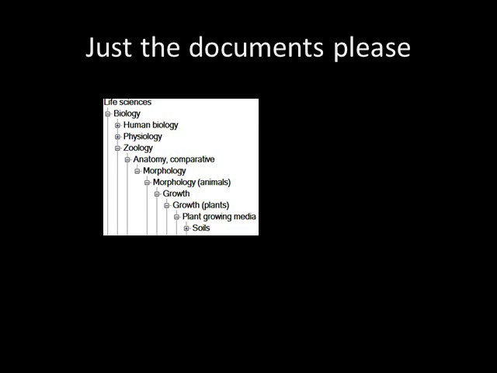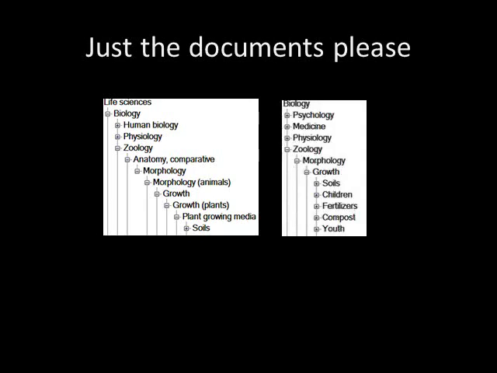So when you look at where the collection is actually distributed, we see a much shallower tree. In this case, obviously there are different kinds of life sciences. Biology is by far the most populated, where most of the instances are. And then within that, we have a few levels to get to the growth. Now, this is an interesting one because with LCSH, in this case, I've taken out that weird set of relations because the growth of plants has been knocked out.